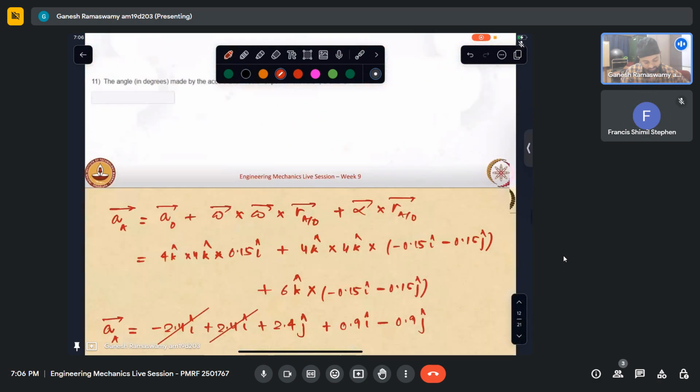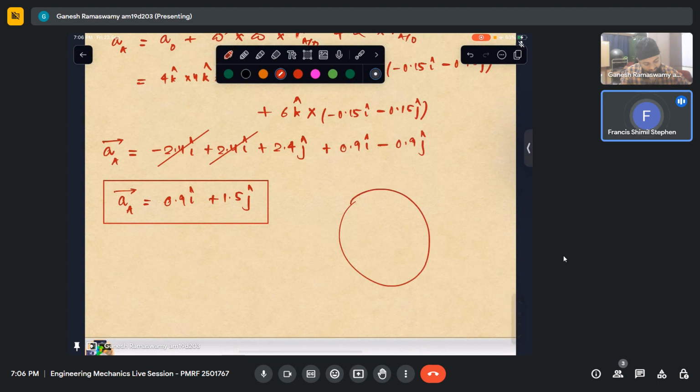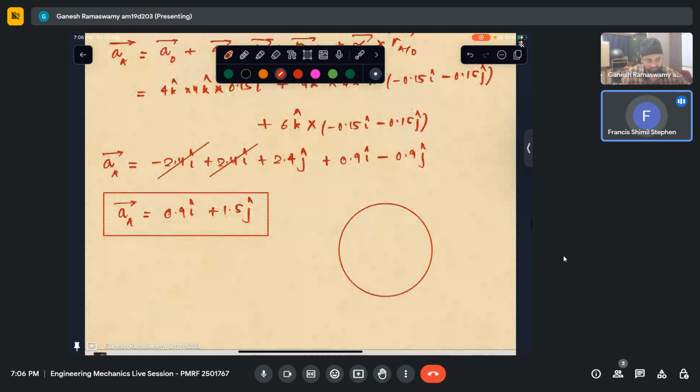Now, actually speaking, without using the vector form, not necessary.